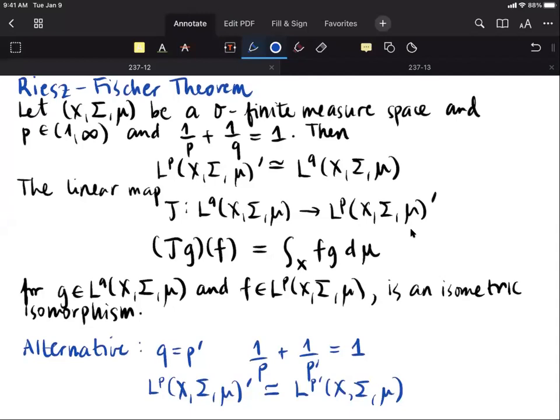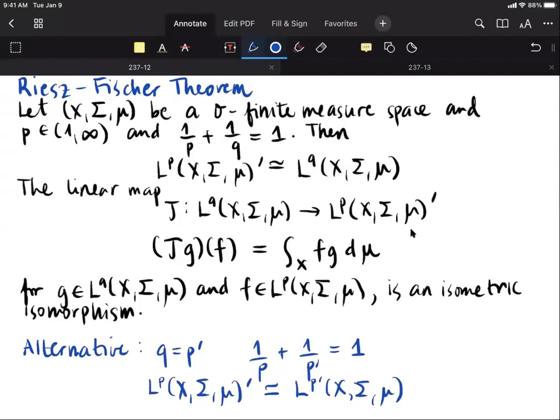In the special case when P is equal to 2, L2 is a Hilbert space, and we get the Riesz representation theorem, because we know that for Hilbert spaces, the dual is isometrically isomorphic to the Hilbert space itself.